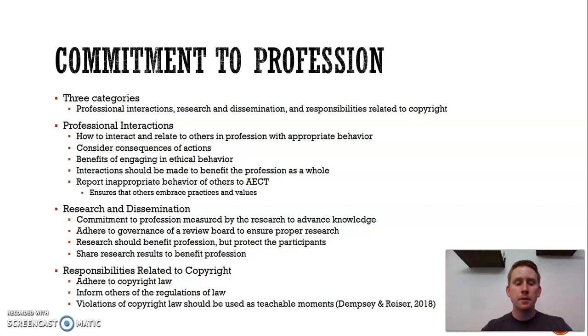Responsibilities related to copyright. One must always adhere to copyright law. It is the duty of one to inform others of the regulations of law. Violations of copyright law should be used as teachable moments to ensure that violations do not occur in the future.